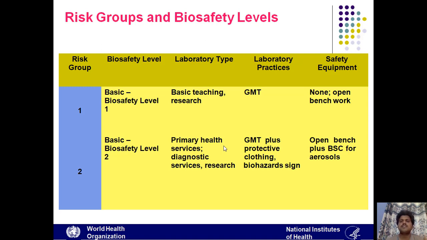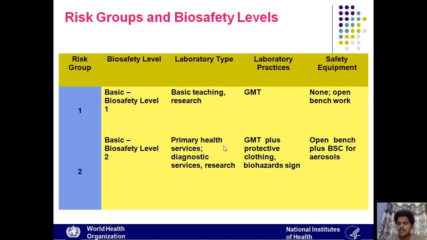The laboratory practices, along with good microbiological techniques, are compulsory. Along with those, protective clothing and biohazard signs on the laboratory are required. For safety equipment, open bench work is allowed here also, along with biosafety cabinets for aerosols. Aerosols are airborne, which may be hazardous when inhaled.